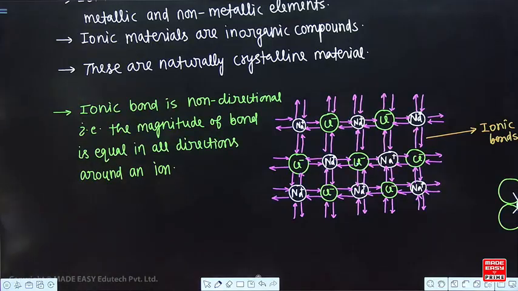Ionic bond is non-directional, that is, the magnitude of the bond is equal in all directions around an ion.